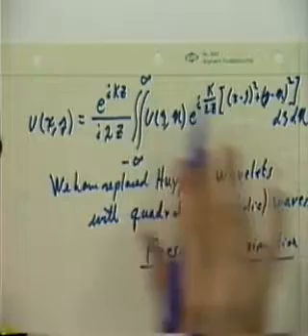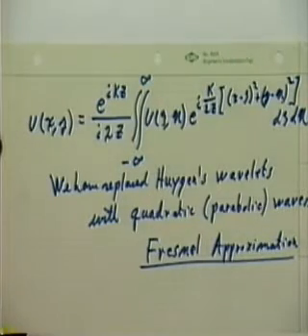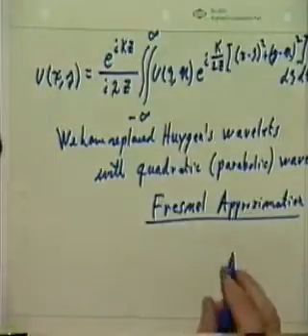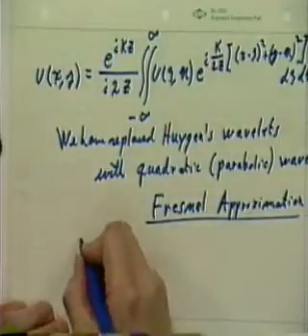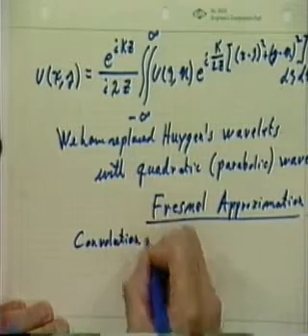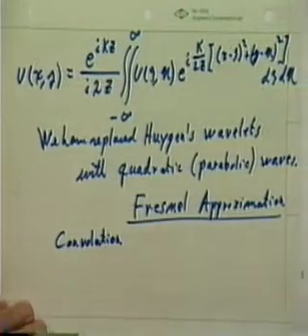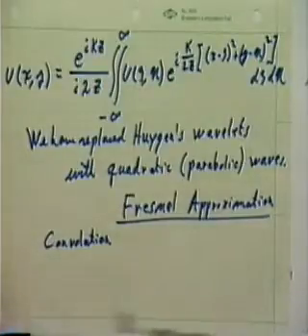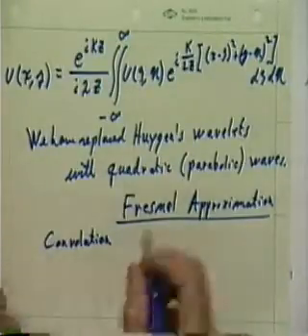A couple of other ways we could write this equation. The first one, Goodman likes to write it as a convolution, and I have to say that I don't get very excited about this, but if Goodman says to do it, we'll write it that way. And then we'll write it the way that I like to write it, okay?